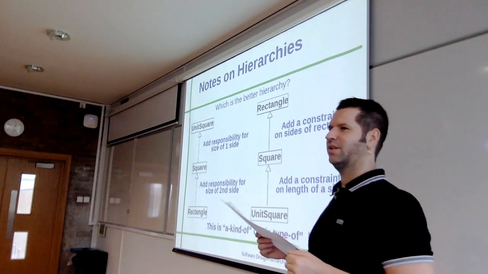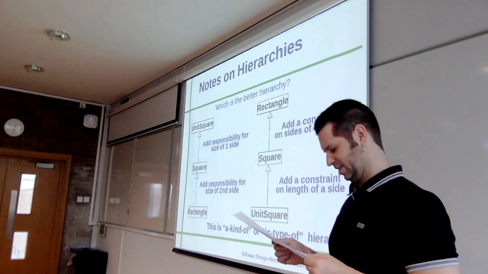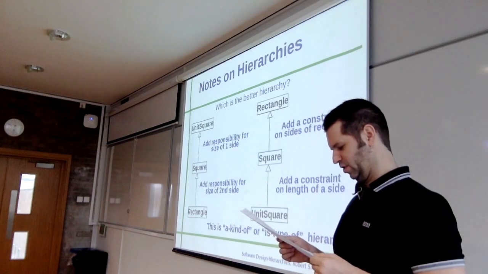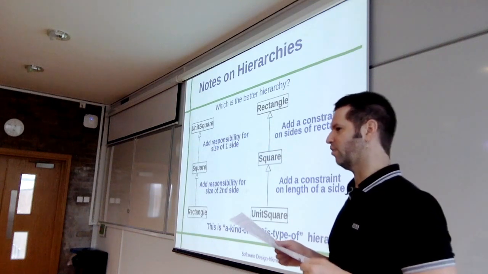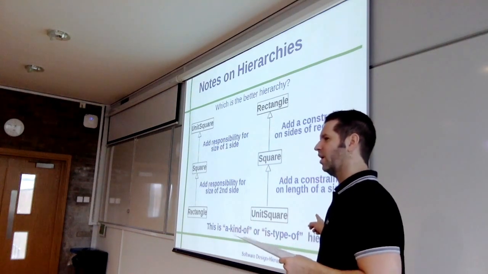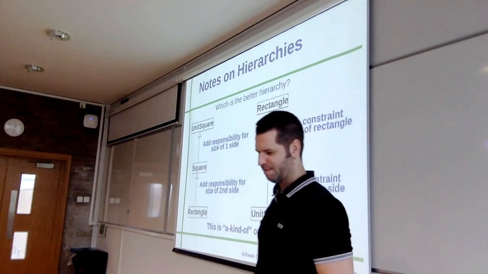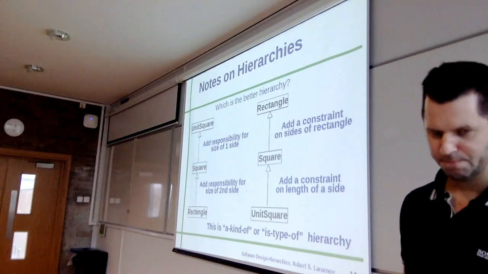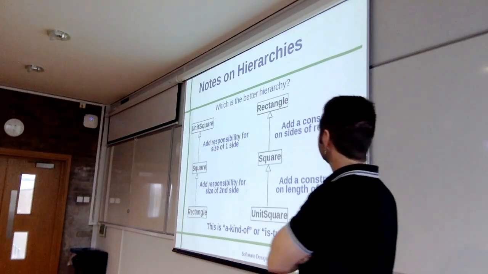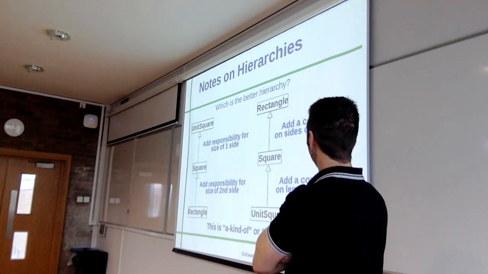Anybody else have an opinion? How about Yushin? Right one. The right one. Okay, any reason why? Because if I want to draw a square, maybe I need more function than the rectangle.